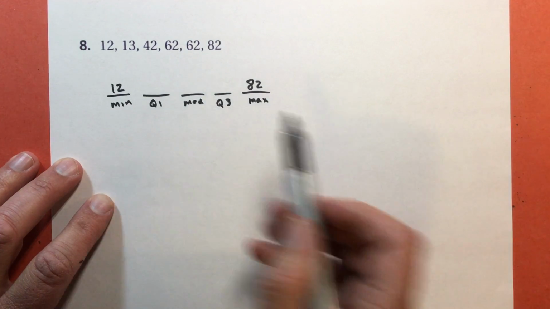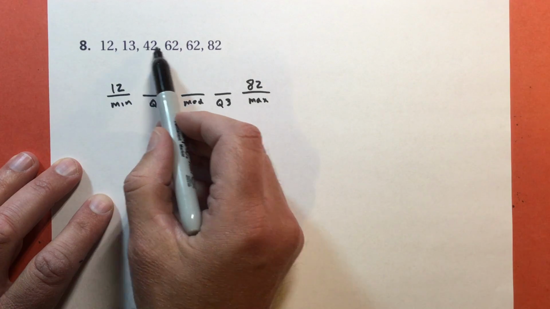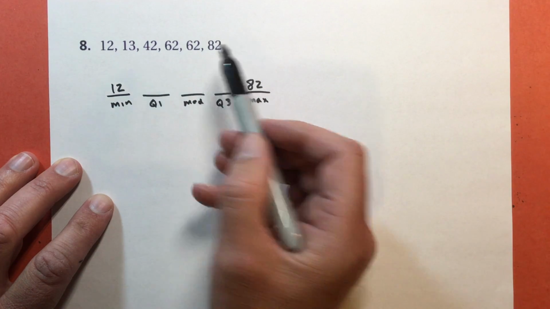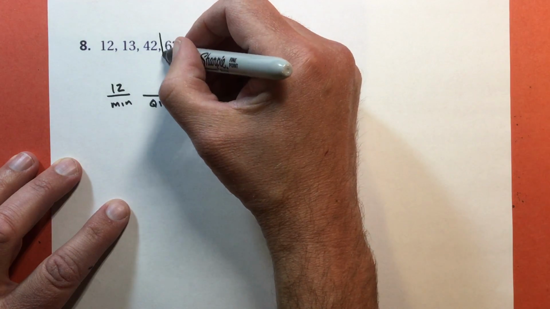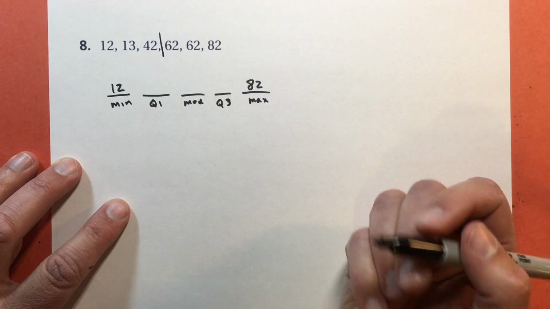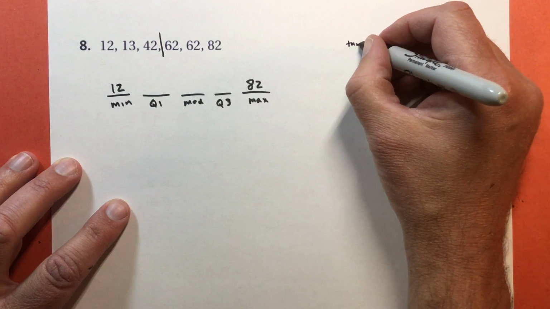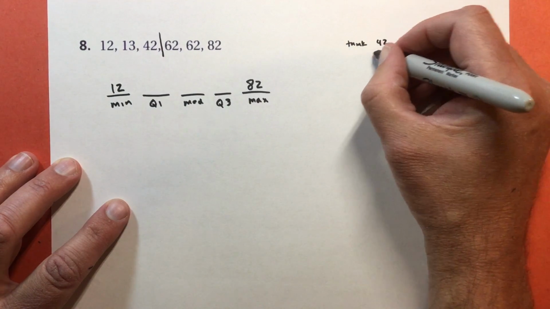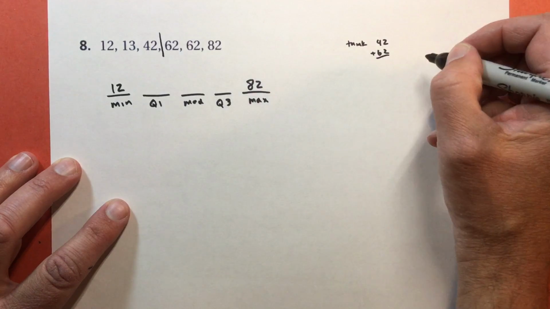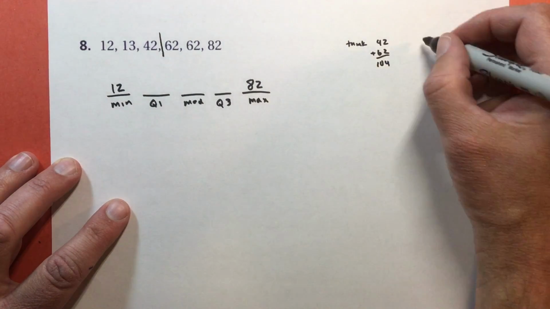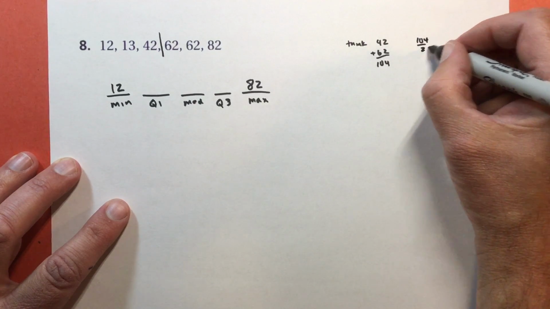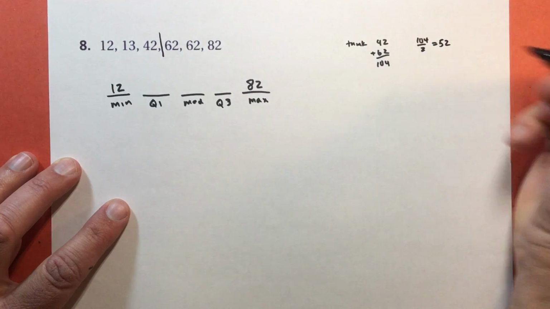What's the median? I've got 1, 2, 3, 4, 5, 6 numbers. Again, the number in the middle will be between the third number and the fourth number. So I'm going to think 42 plus 62, and I'm going to get 104. Then I'm going to take 104 and divide it by 2, and that's going to give me 52.